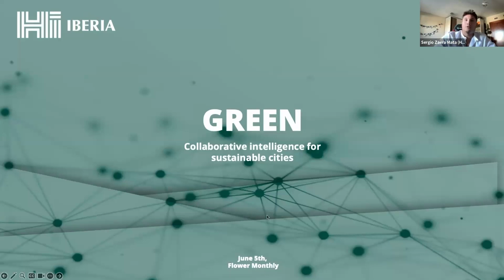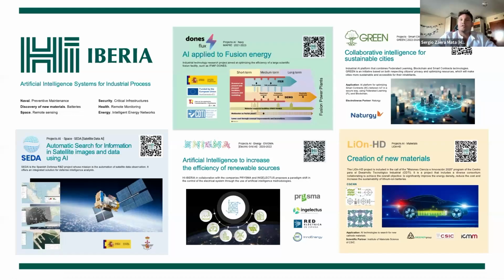And yeah, let's go. First, I want to present a little bit of the company. HI Iberia is an innovative SME. The main objective is to develop artificial intelligence software for the industry and also for the people.